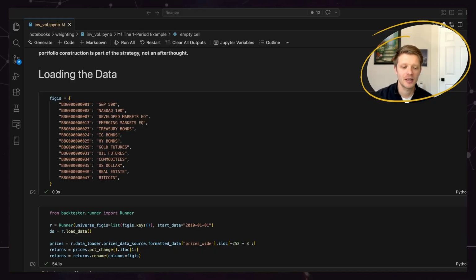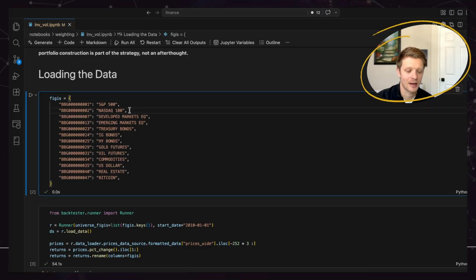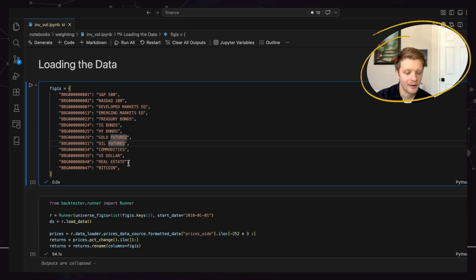Let's jump straight into our coding example. As mentioned in the introduction, we will build a multi-asset portfolio using our inverse volatility weighting strategy. We will use equity indices like the S&P 500 and the Nasdaq 100, as well as bond indices like IG, high yield or treasury bonds, and we use commodity futures for oil and gold, as well as more recent cryptocurrencies like Bitcoin.